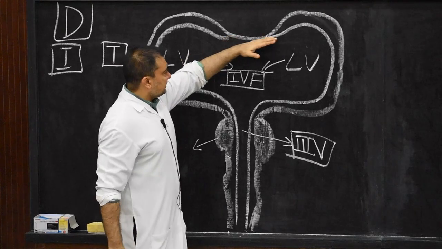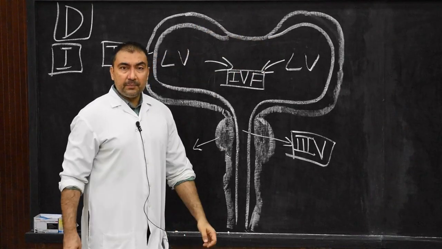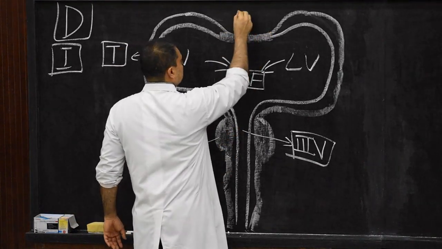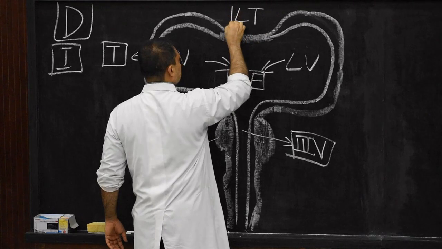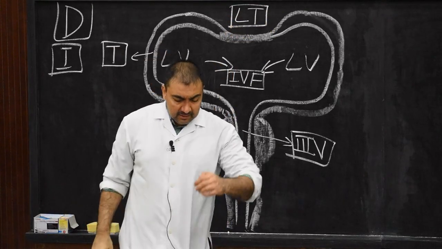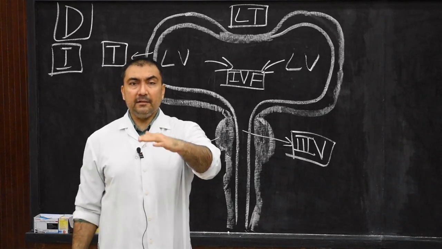Now these two telencephalic vesicles are joined in the median plane by this portion which will be known as the lamina terminalis. The proper definition of lamina terminalis is that it forms the closure of the anterior neuropore.